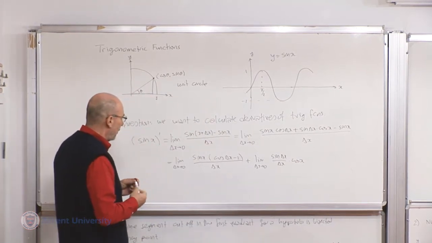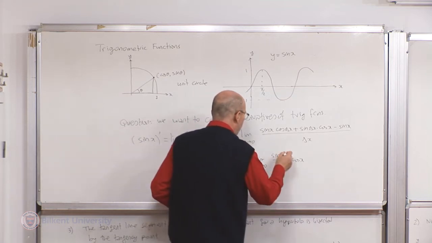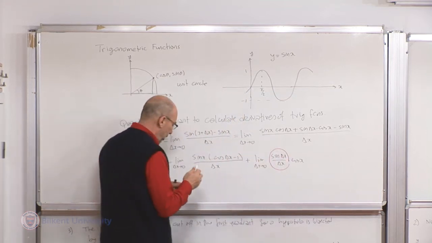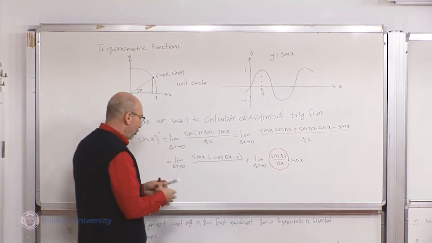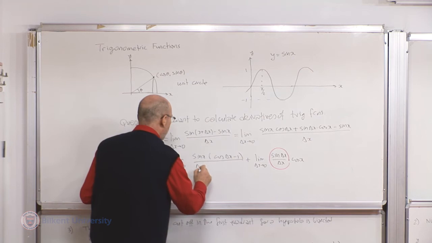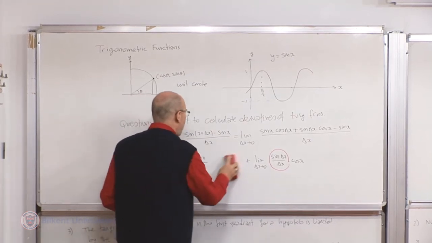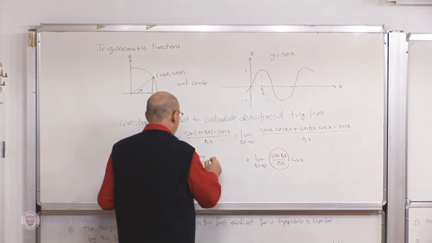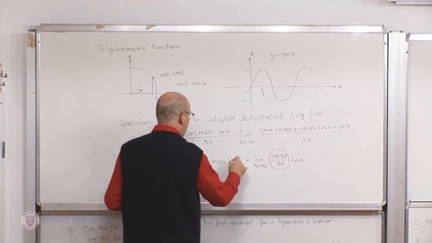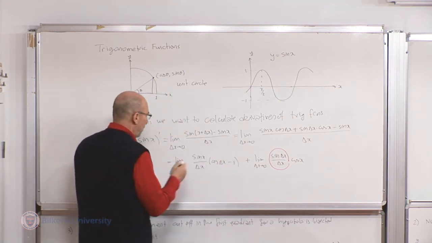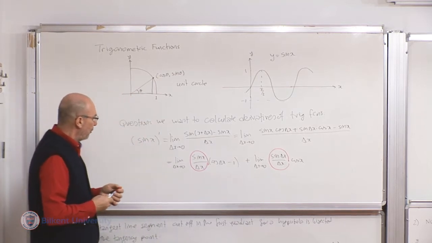So you see that this limit appears crucially. To emphasize that, let me write cosine delta x minus 1 over delta x.